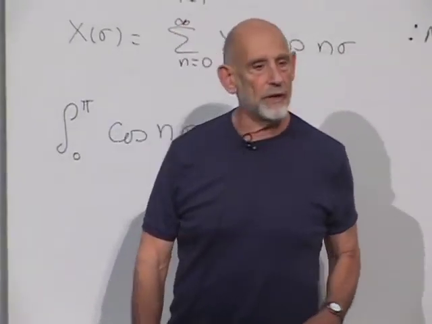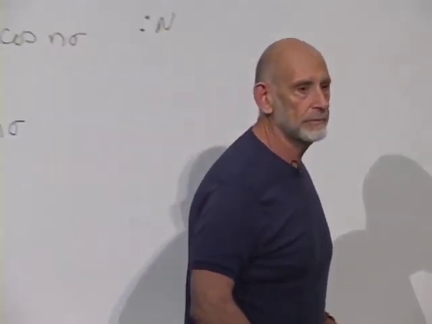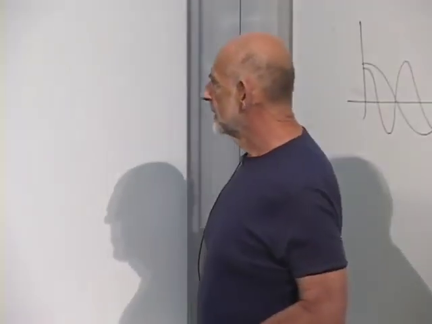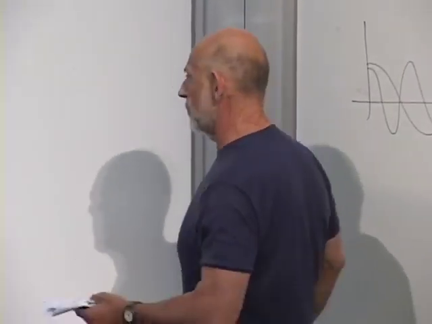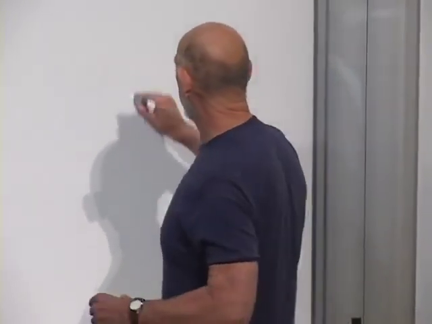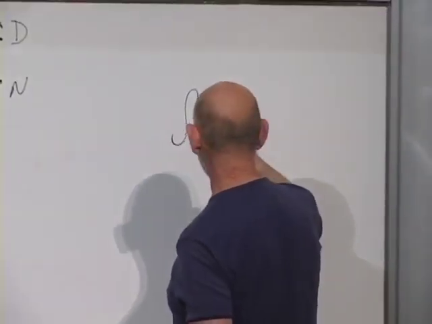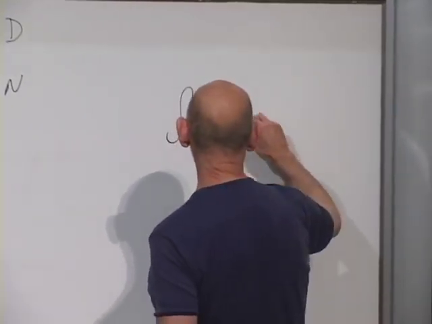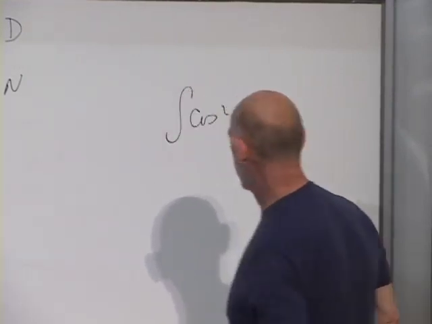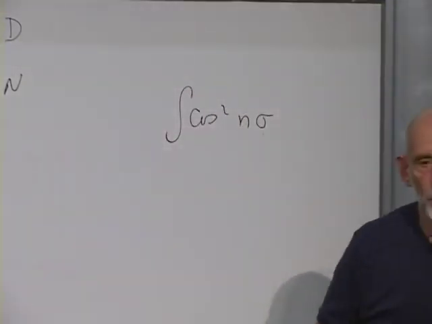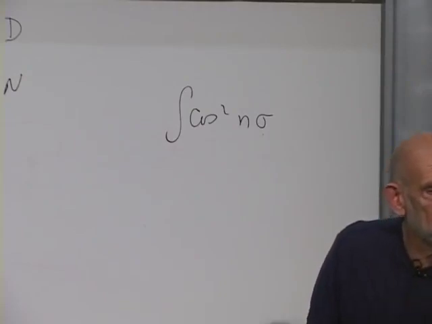What if n is equal to m? Then of course it's just the integral of cosine squared of n sigma. So how do you figure that out? Let's say the integral of cosine squared n sigma. What does cosine squared vary between? It varies between 0 and 1.